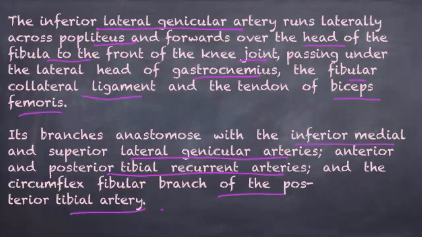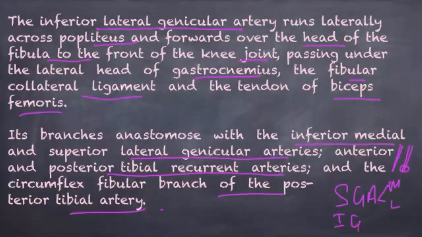So you have to remember the inferior genicular arteries, as with the superior genicular arteries, okay, medial and lateral, anastomose with the descending genicular artery and the descending genicular artery of the circumflex femoral arteries.